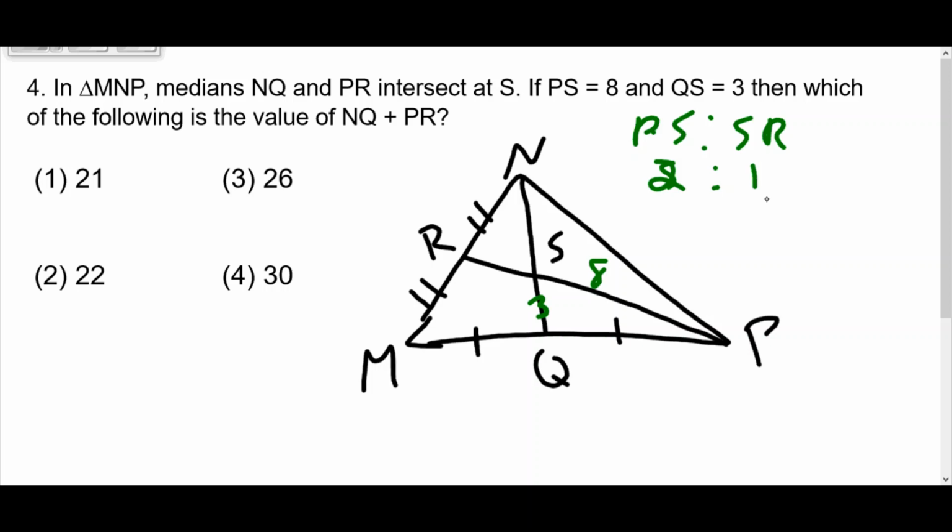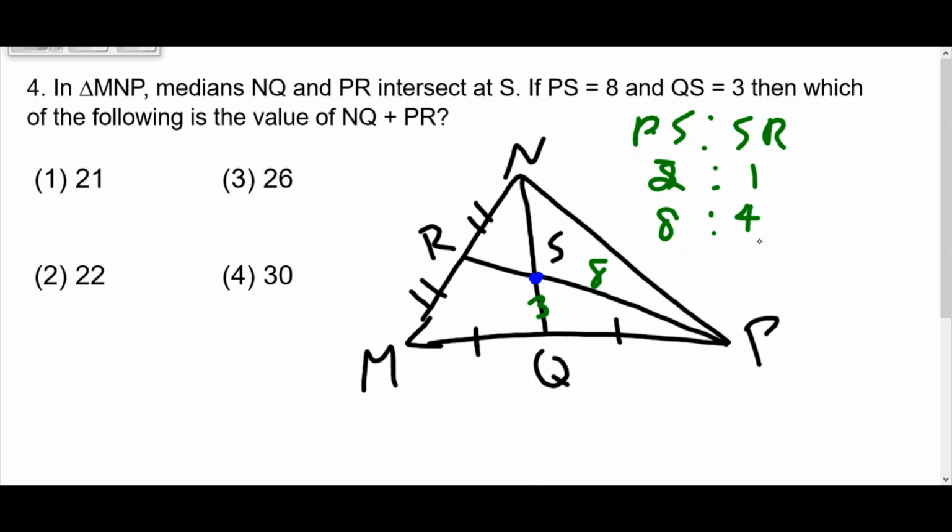The segment from the vertex to the centroid, because S is the centroid, that's where the two medians meet, is twice as long as the piece from the centroid to the midpoint. So since PS is 8, SR has to be half as much, which is 4.